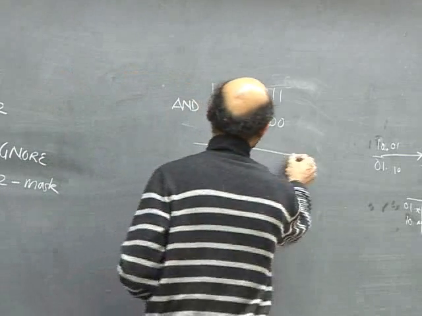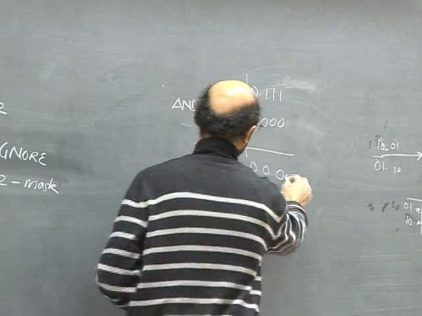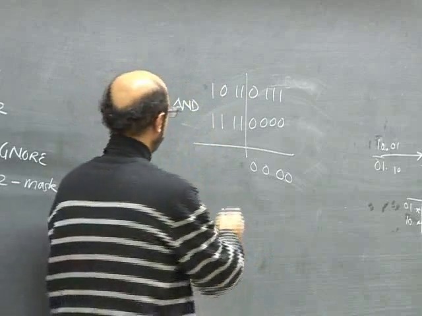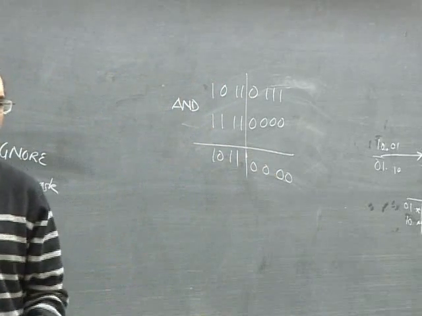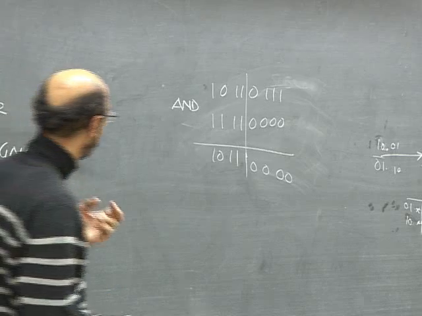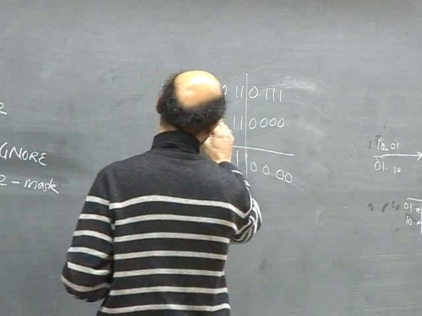So if I do this, what happens? Well, these are definitely going to be zeros. And here it's going to be a 1 if the top one has a 1. So it's going to be 1011. Right? Does everybody get that? Hopefully you've seen this in some first year class or something like that. That's a bitwise AND. We call this the mask.